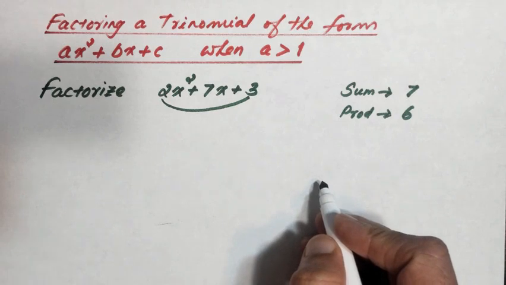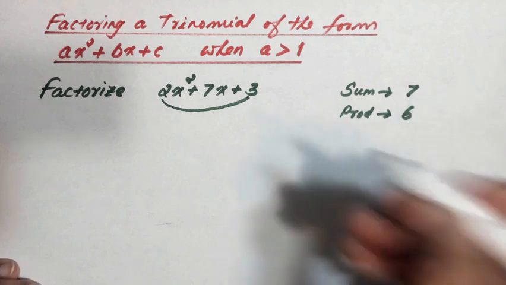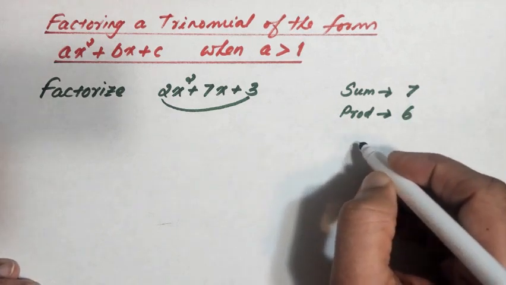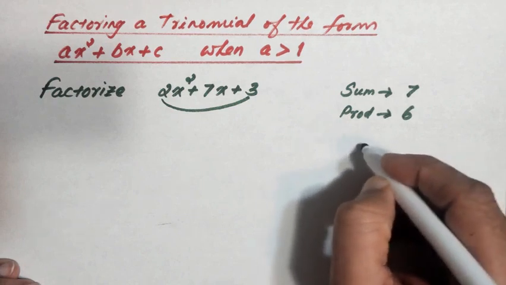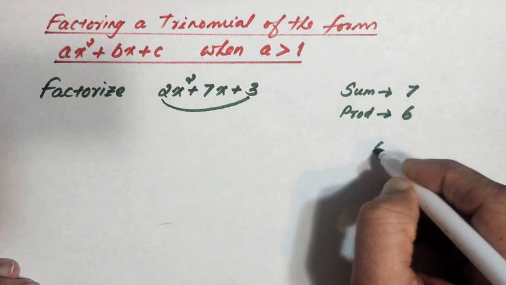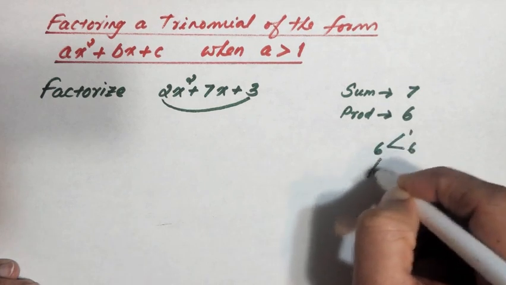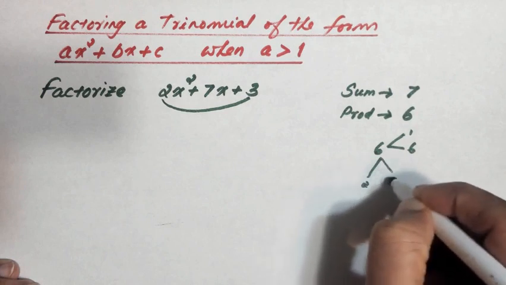Now we need to find two numbers that satisfy these two conditions. Like we did in the previous example, we need to look for the factors of 6. Factors of 6 are either 1 and 6, or 2 and 3.